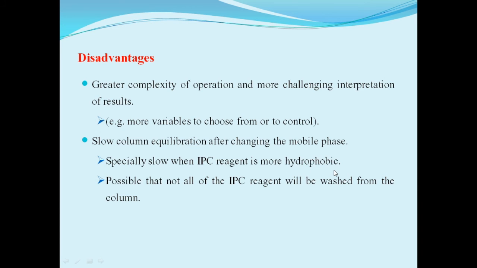As I already told, as the carbon number increases, hydrophobicity increases, and also retention, more retained. Slow column equilibration after changing the mobile phase, especially slow when the IPC reagent is more hydrophobic, that is, having a greater number of carbon chains in the ion pairing reagent.